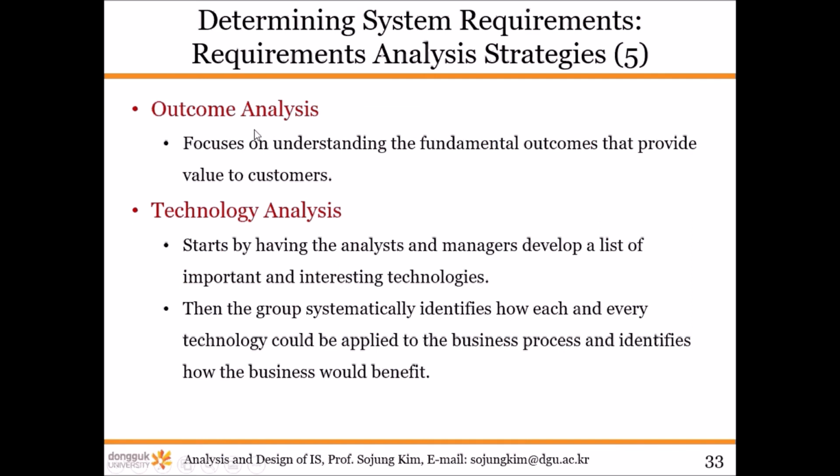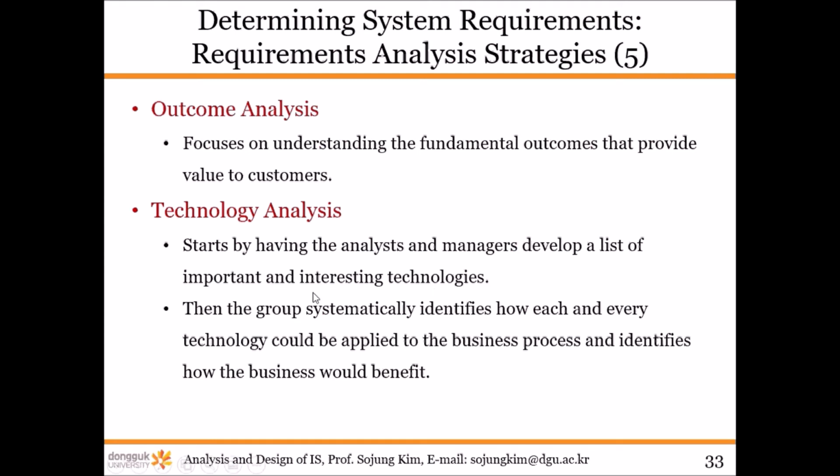Outcome analysis focuses on understanding the fundamental outcomes that provide value to customers, and technology analysis starts by having the analyst and managers develop a list of important and interesting technologies. So identify technology. Usually when you learn about technology management, initially they list the technology or the technology associated with a certain patent, right?